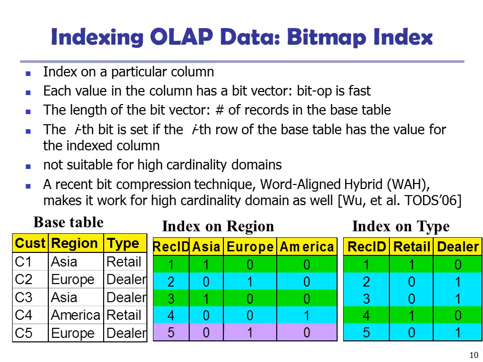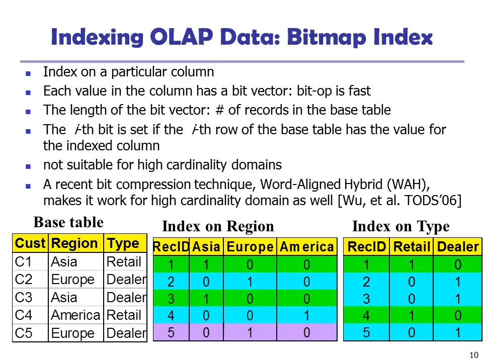So bitmap index, how does it work? It's an index on one particular column. So every value in the column is going to be mapped to a new column, and it'll be represented with a bit vector. Why? Because bit operations are much faster than actual values.